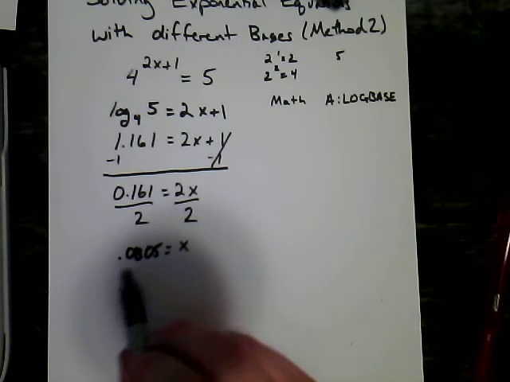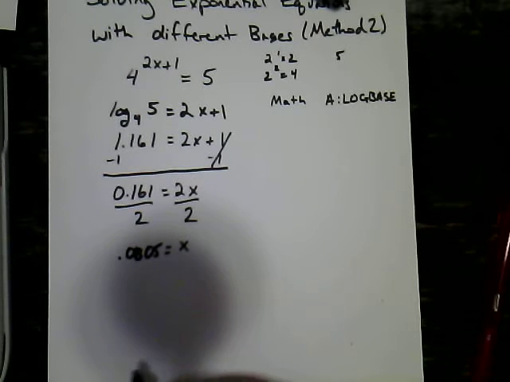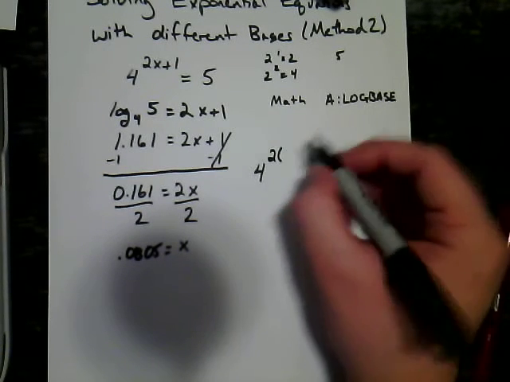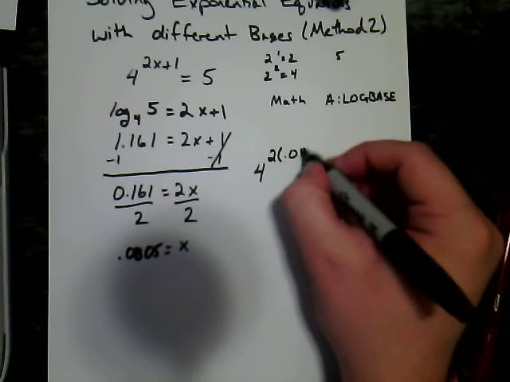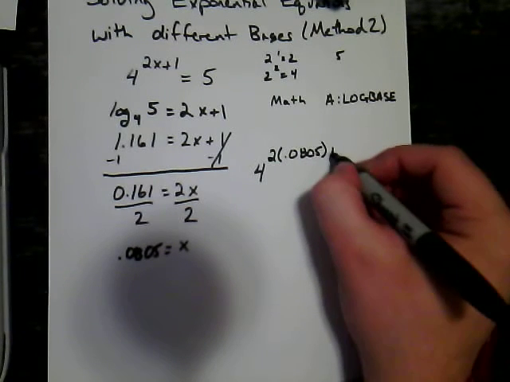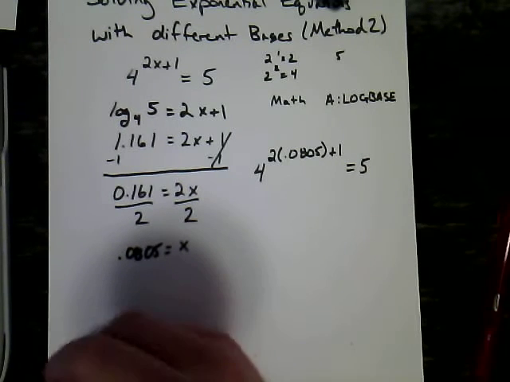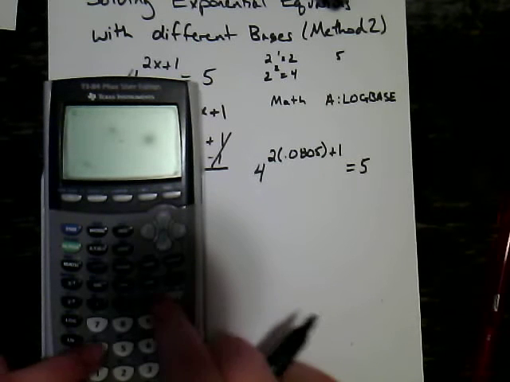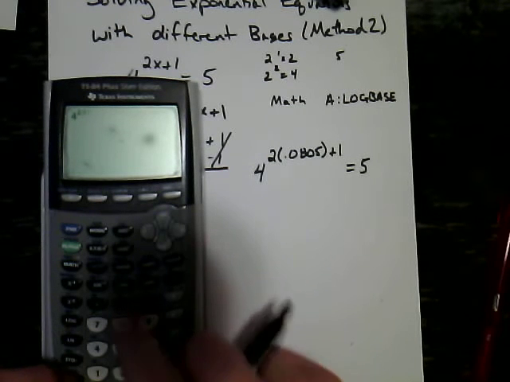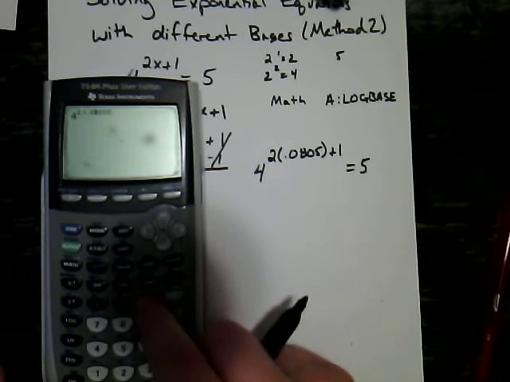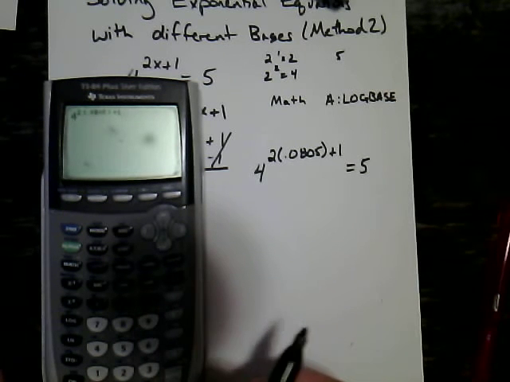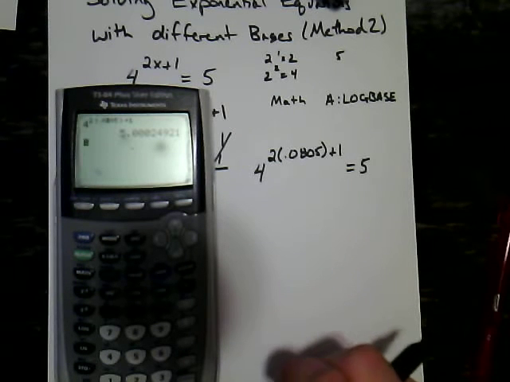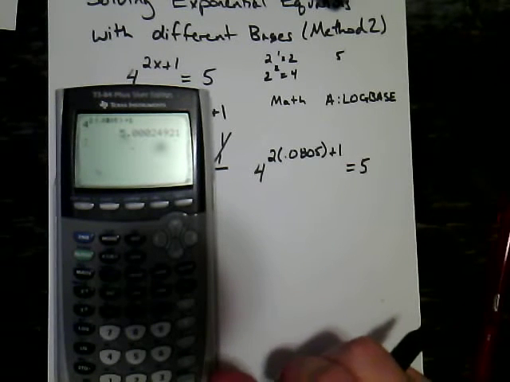Now, we can go ahead and check this. I'll just use the 0.0805. Let's say 4 raised to the 2 times 0.0805 plus 1 equals 5. I'll put that on my calculator and see if that checks out. We've got 4 raised to the 2 times 0.0805 plus 1, and my calculator says 5.0002491.